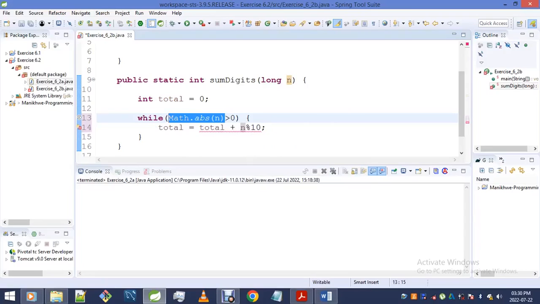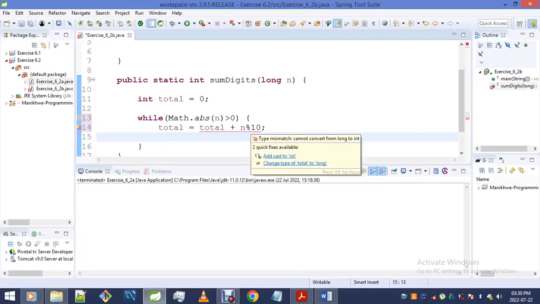However, modding a negative number will result in the same thing as modding a positive number. Okay, of course, assuming that number is the same.